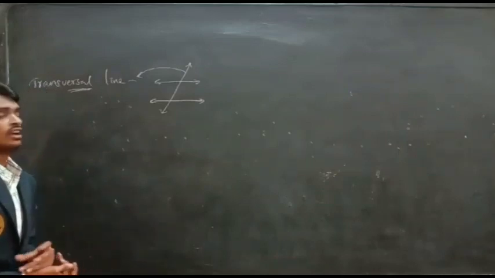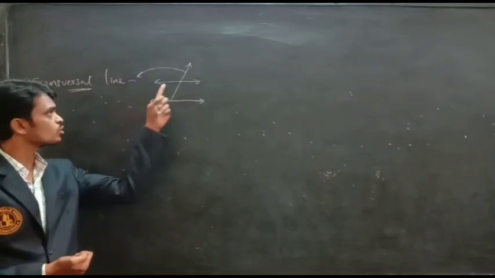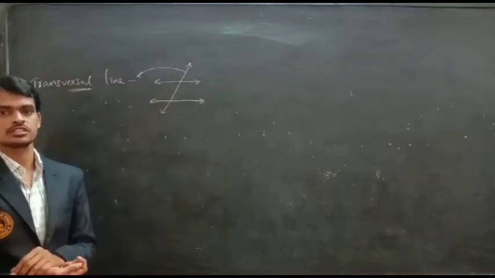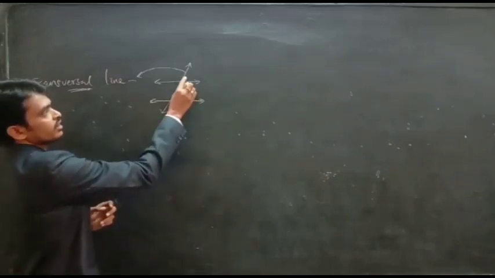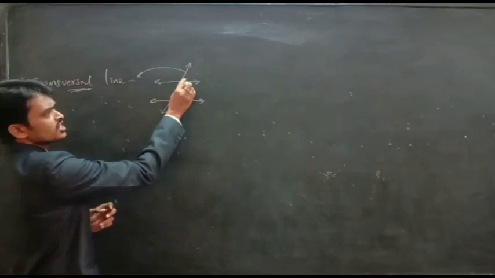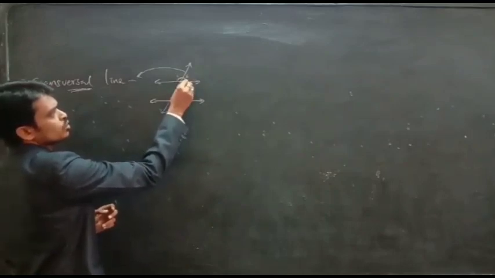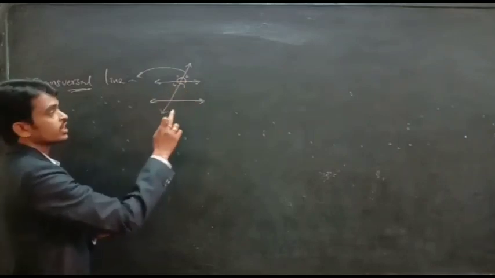So here, when a transversal line cuts two lines, it forms 8 angles. Look here, at each intersection 4 angles are formed. 1, 2, 3, 4. How many intersections are there? 2 intersections.